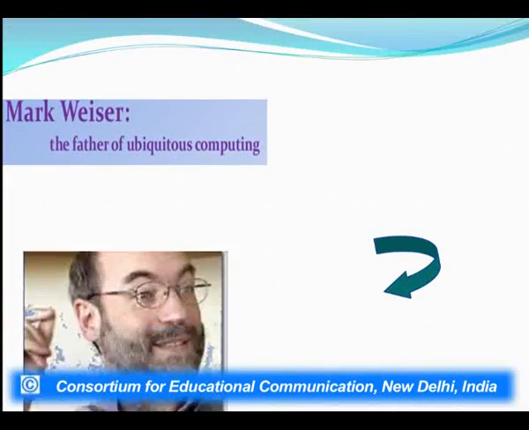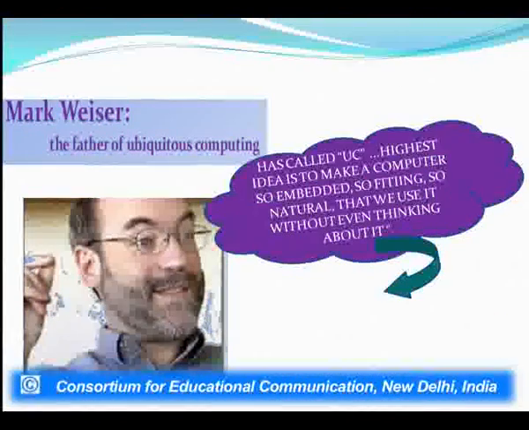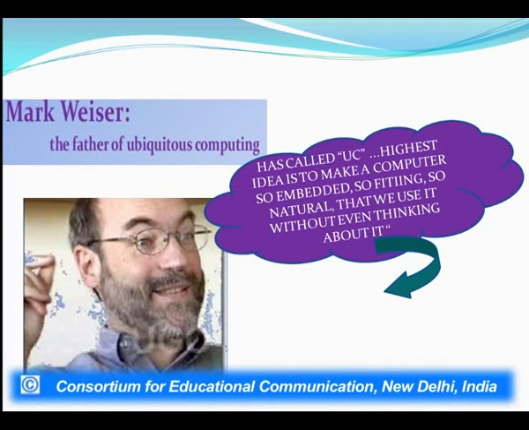So, Mark Weiser is the father of ubiquitous computing. His idea was you can call any system or any computation ubiquitous only if a computer is so embedded, so fitting, so natural that people can use it even without thinking a single line about it.